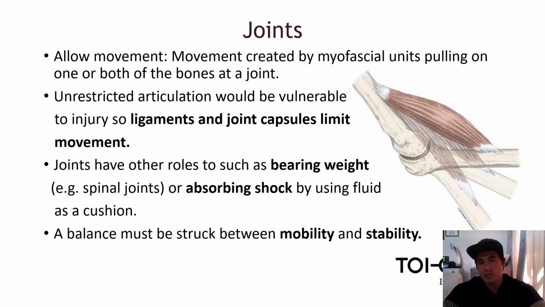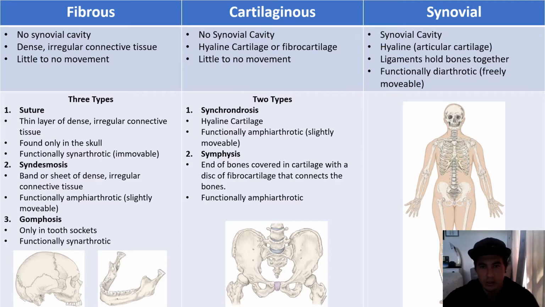And a balance must be struck between how much movement a joint has, but also how much stability a joint has. And that can depend on lots of different things, like the nature of the structure of the joint, and things like injury, overuse, condition of muscle units, that kind of stuff.